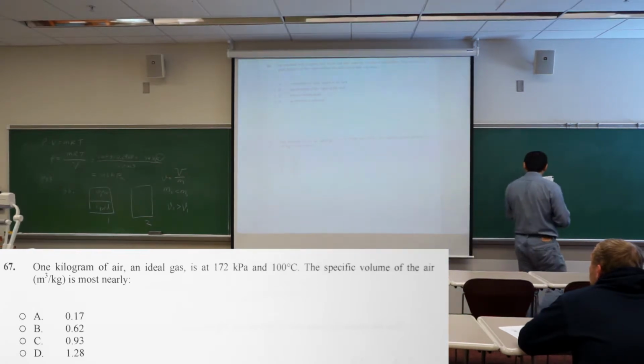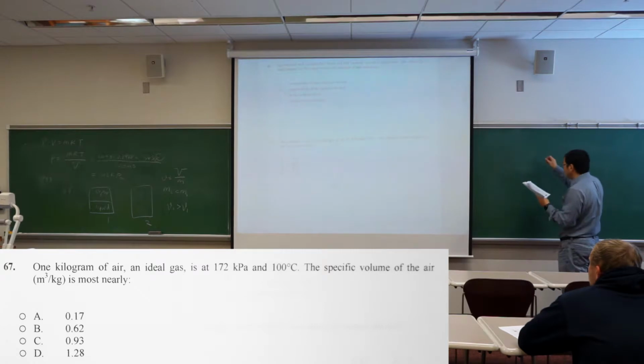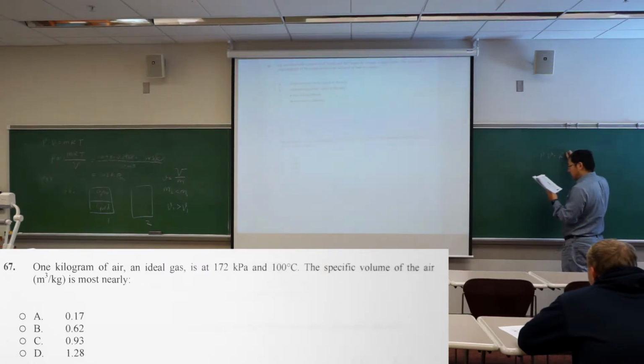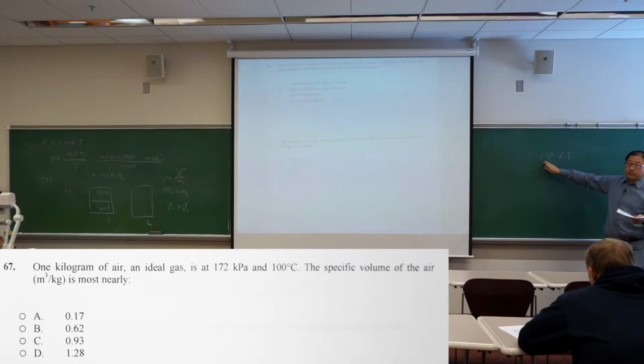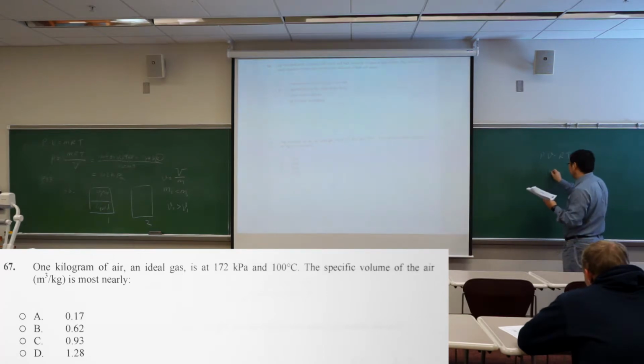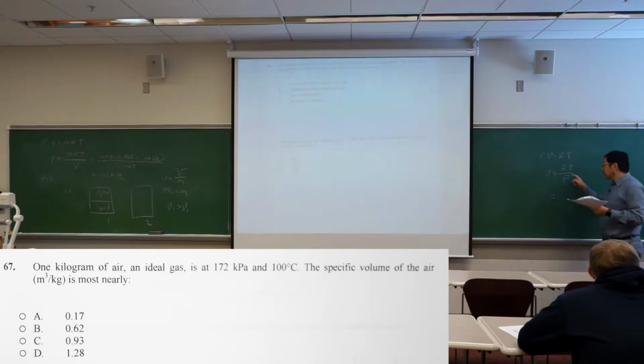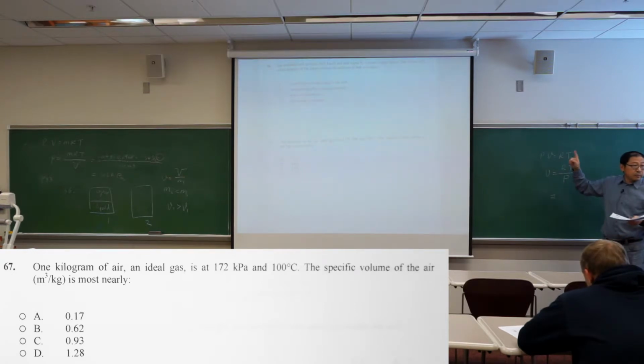So this one we want to know the specific volume, and Pv equal to RT. So this is another form of the ideal gas equation. Pressure times specific volume equal to RT. And we want to know the specific volume. And you do need to realize you need to have the gas constant. Where can you go to find the gas constant?